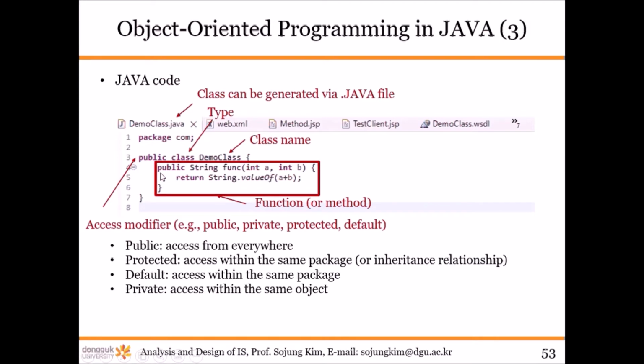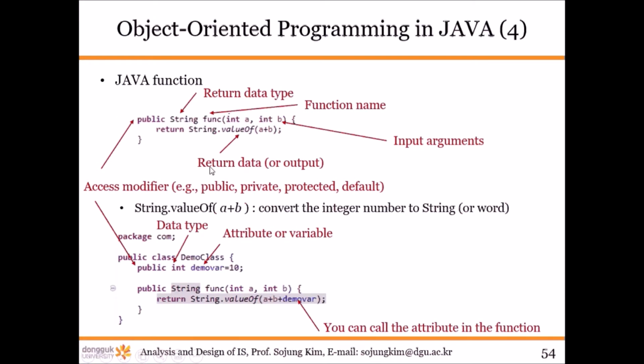Here's a class name, and this is a function, and I will explain the structure of the function. A function has a quite similar shape to a class. Here we have an access modifier like public, and then this is a return data type, because a function should have an input and an output.